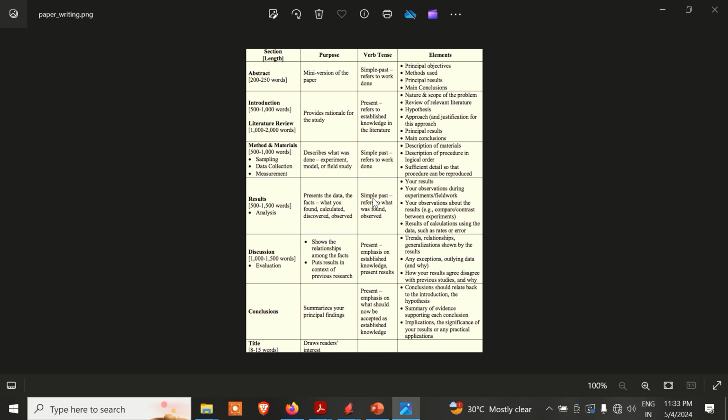And then the title. Why I have mentioned the title at the end is because the title could be 8 to 15 words and it draws the attention of the readers. It conveys, before I pay for the paper, that the area I am looking for is of the same title.